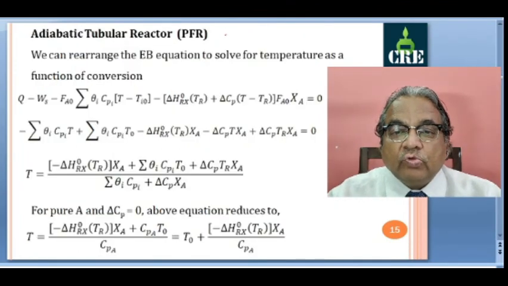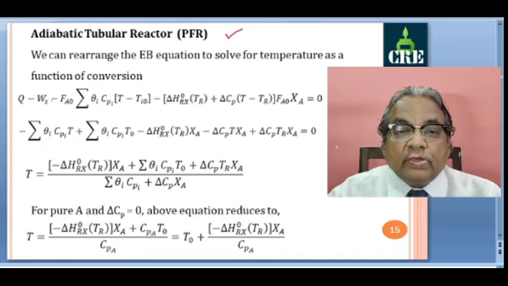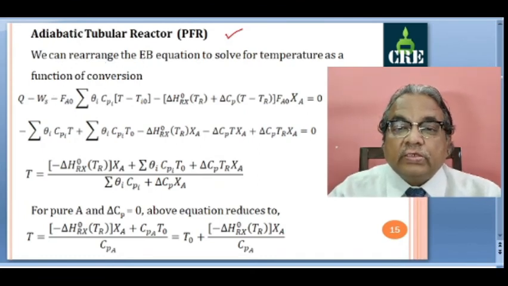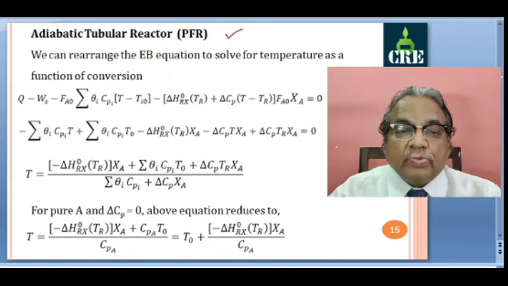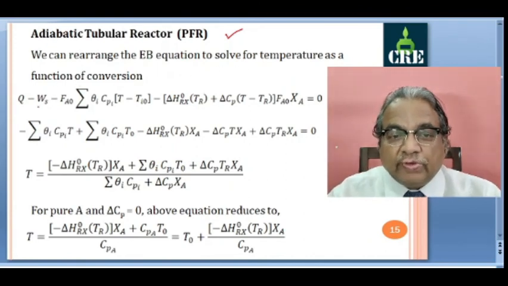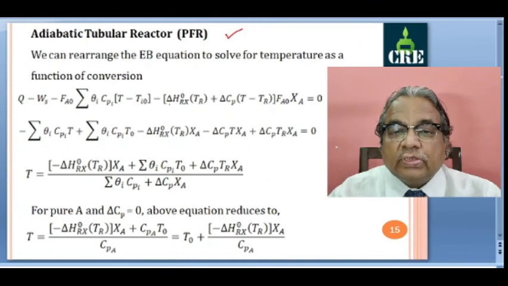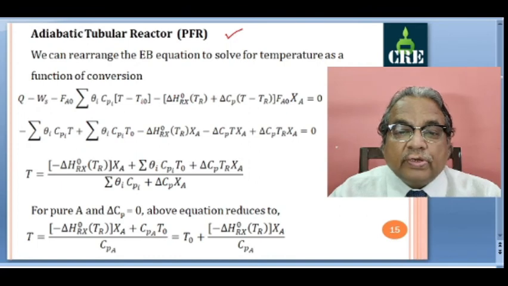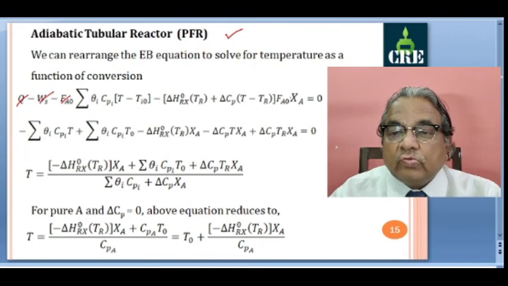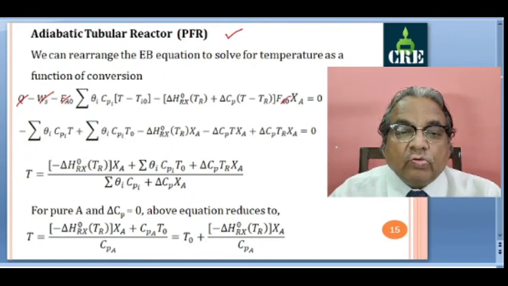Now we'll see the adiabatic tubular reactor. Here again the energy balance equation, we will solve it for the temperature as a function of conversion, which we were interested in. So this is our general equation. Okay, this Ti0 can be written as T0. So this is 0, this is 0. Fa0 and Fa0 can be cancelled out, and we have now minus sign theta I CPI T minus Ti0 written as T0.